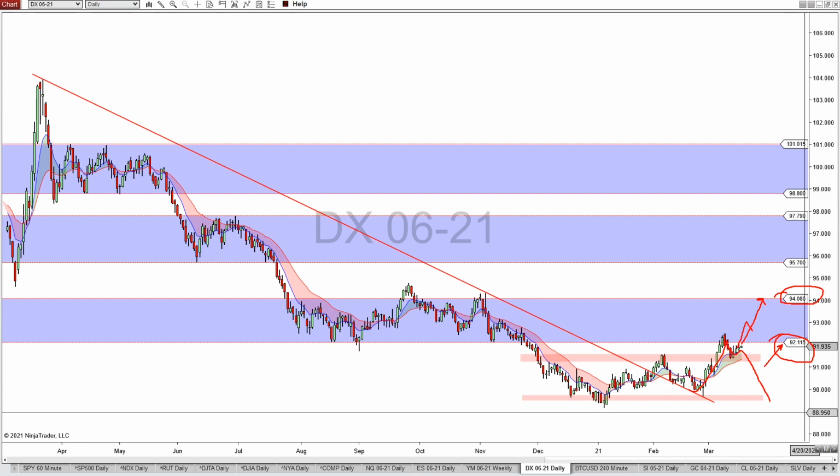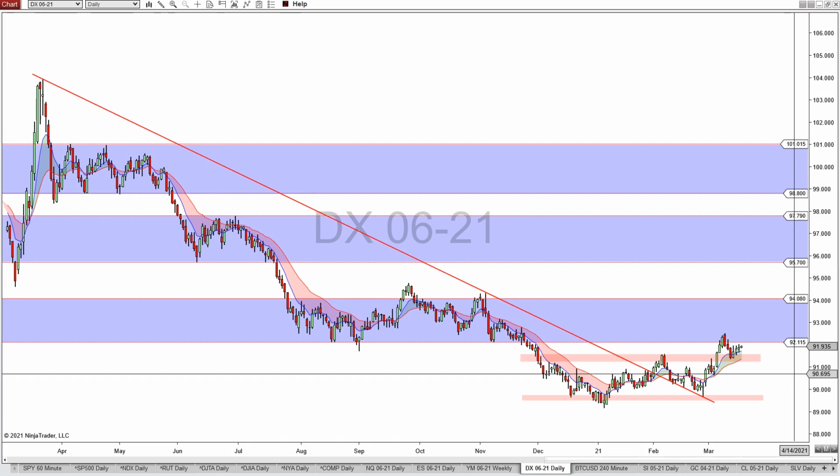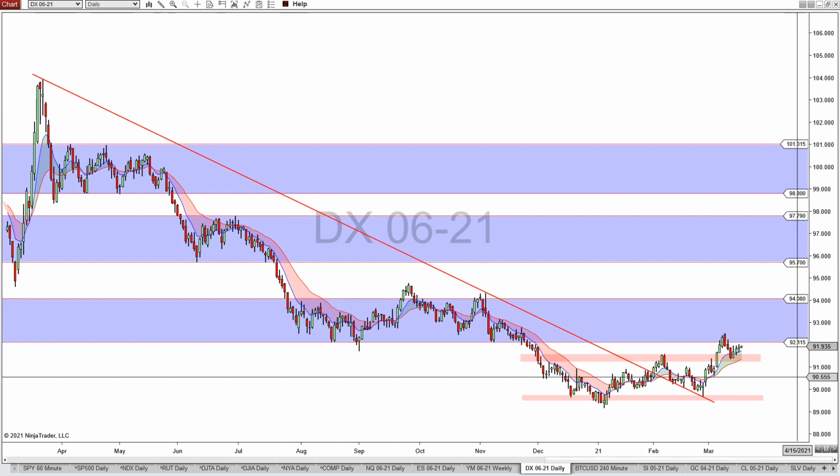So even though it came in here and backtested, it still needs to come up to this 94, because I'm still looking for a weak dollar. If, for example, the rate is going to stay low and the Fed has already let the market know that it's not going to raise rates until, at the earliest, it looked like 2023.